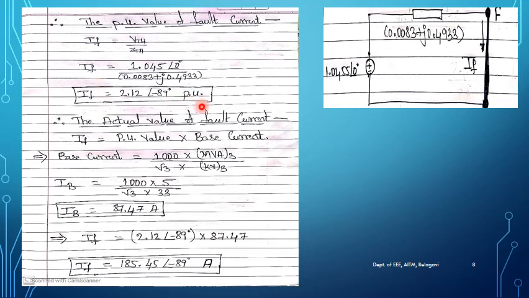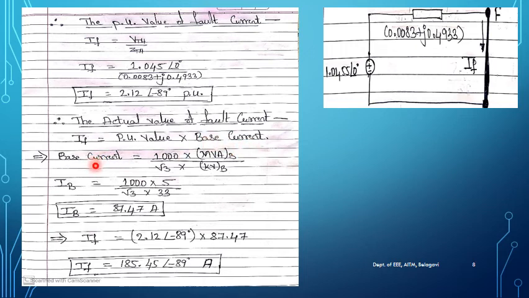It is in terms of per unit, but we want in terms of actual value, right? According to that, the actual value of the fault current will be equal to per unit value into base value. Is it clear? Per unit is equal to actual value by base, so actual value is equal to per unit into the base value of the current. Now we don't know the base current value, right?